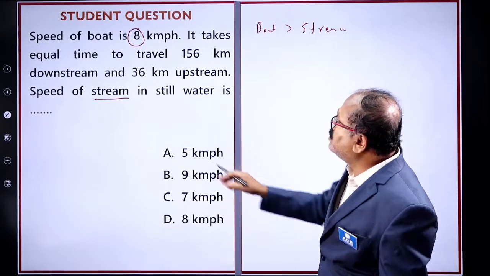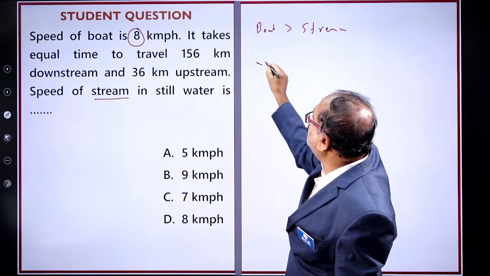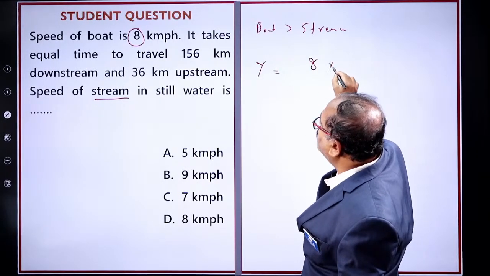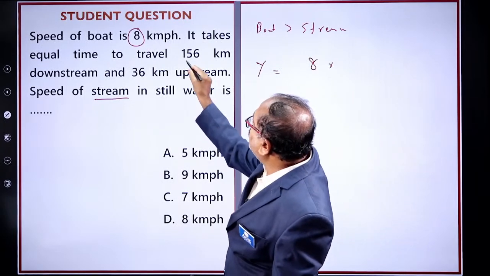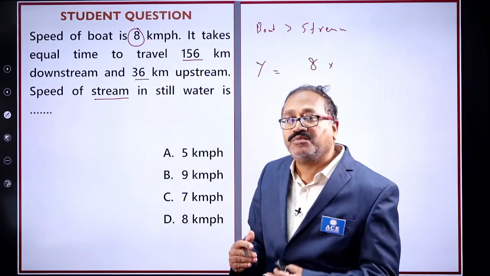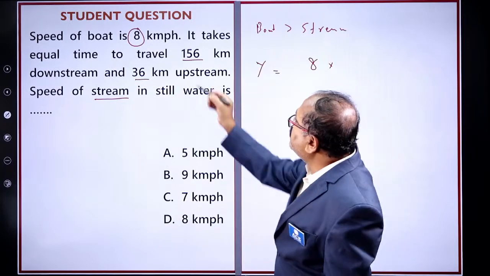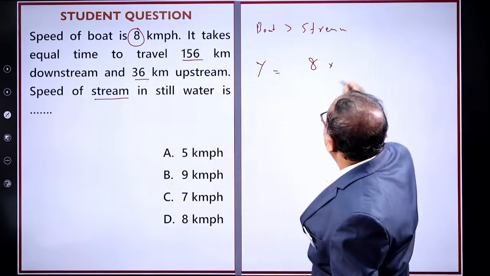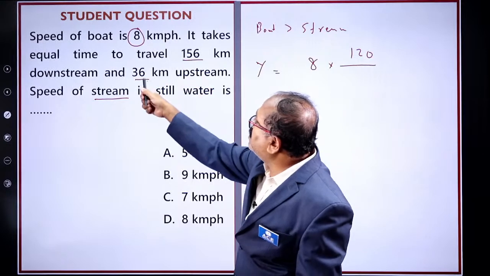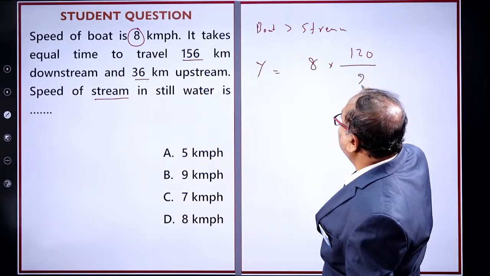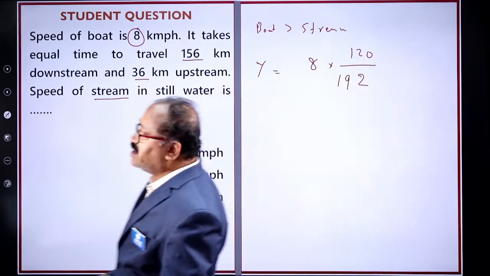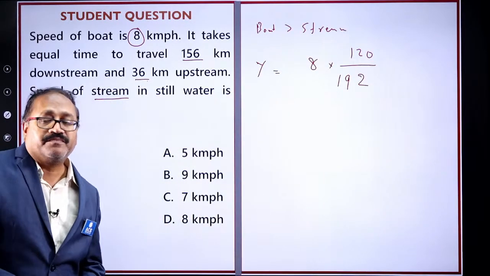So you have to find the speed of the stream, which is y. y is equal to the speed of the boat, which is 8, into the difference of the distances, 156 and 36 km, as the time is same. So I will take the difference over here, that is 120, and I will take the sum in the denominator, that is 192. So you are getting the speed of the stream.